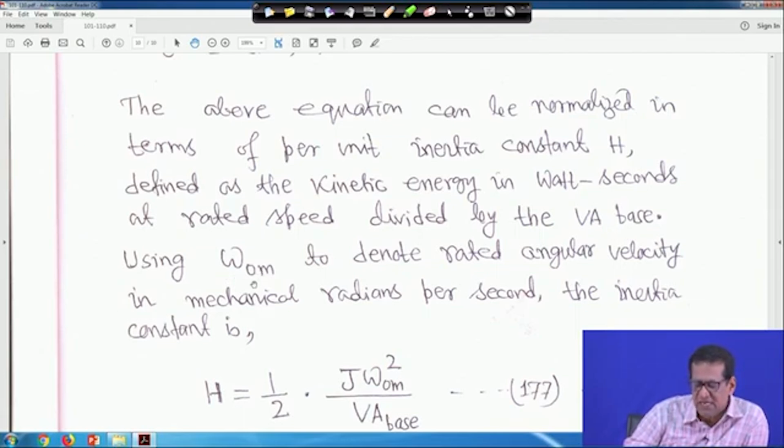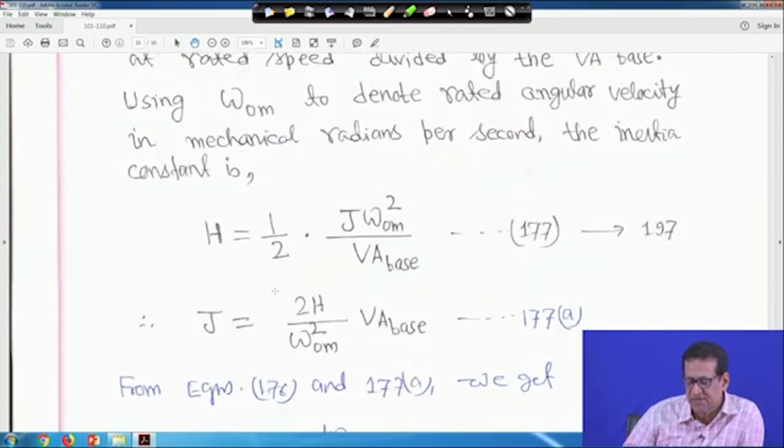Using omega 0m to denote rated angular velocity in mechanical radians per second, the inertia constant is given by H equals half J omega 0m square divided by volt ampere base.